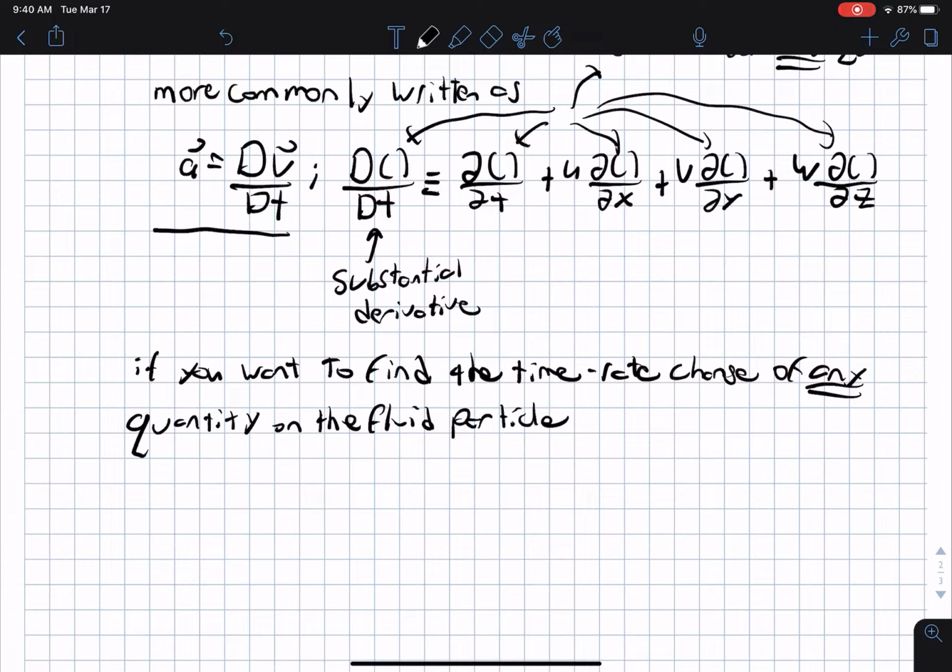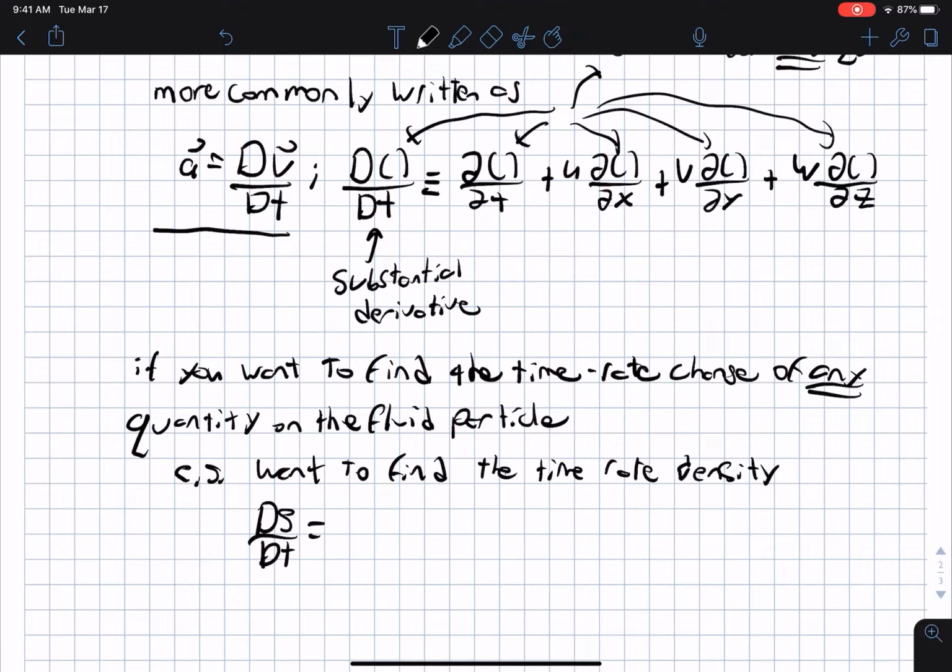So if you want to find the time rate change of density, which would be d rho dt.